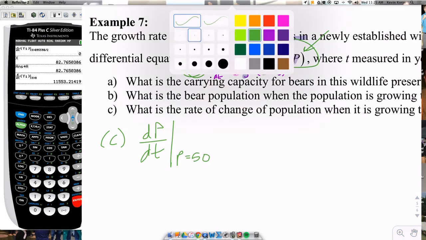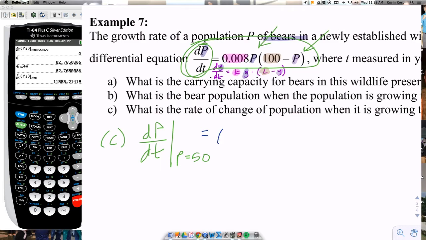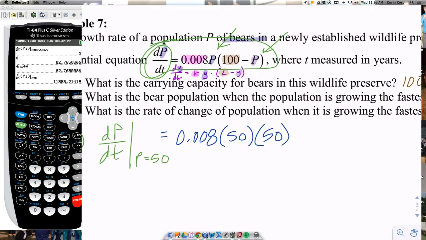Again, that's using Leibniz notation. It would equal 0.008 times 50 times (100 minus 50), which is 50. And, of course, you could type it into your calculator or leave it like that. And what would the units be? dP/dt would be bears per year.